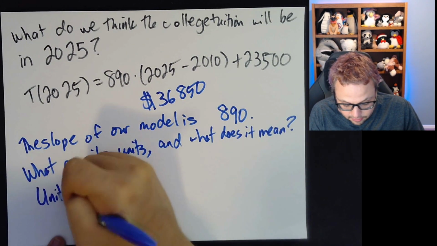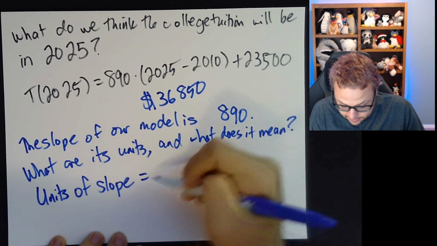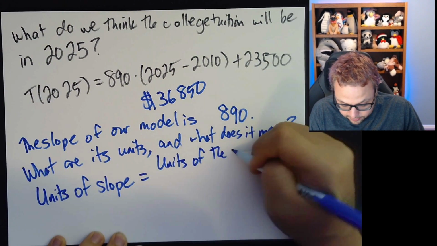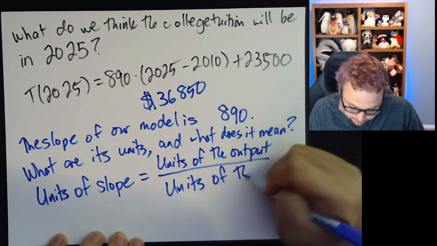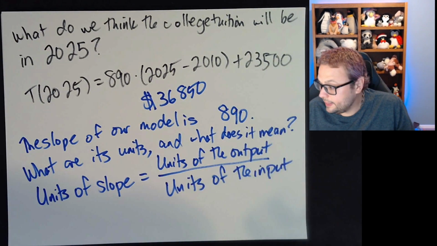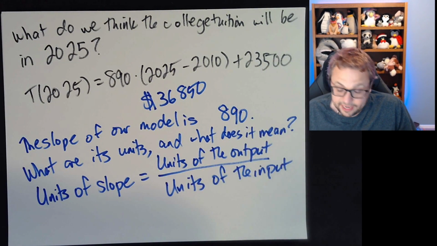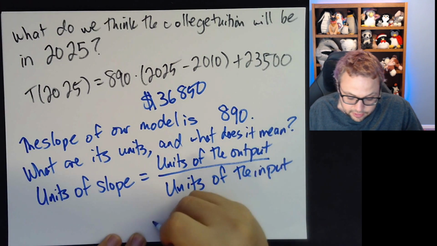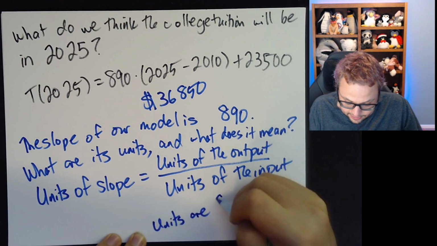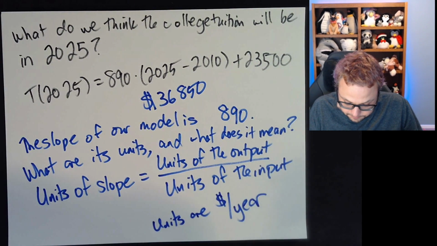The units of slope will always be the units of the output divided by the units of the input. In this case, my function's input is a year, and the output is the cost of tuition, which is in dollars. So the units here are dollars per year.